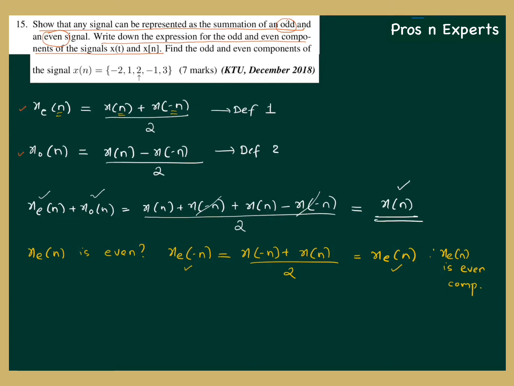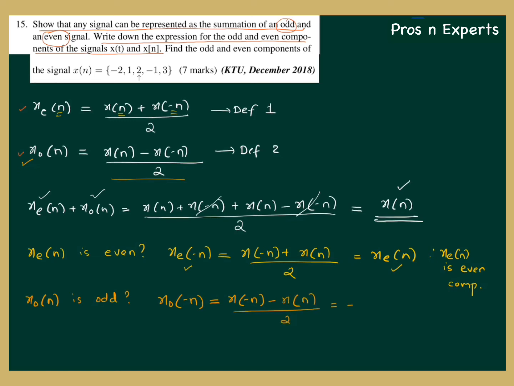Now similarly, let us do xo of n. We have to be sure that xo of n is an odd component. So I'm taking this equation, and from that xo of minus n is calculated. So replace n with minus n in the RHS. That will give you x of minus n minus x of n by 2.